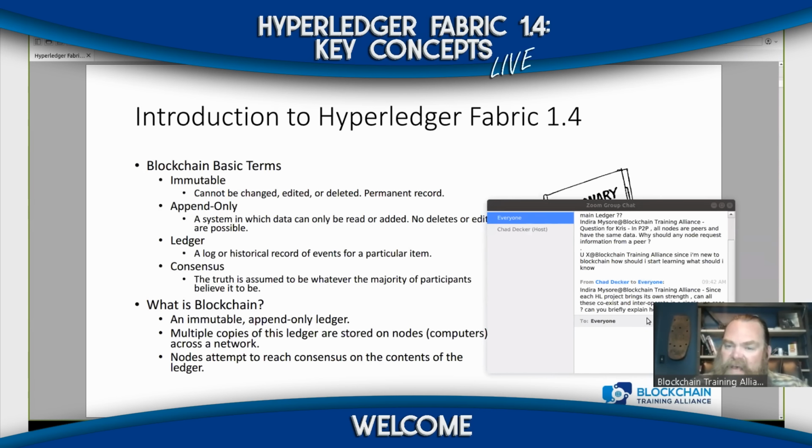All right, and then last but not least, let's see: since each Hyperledger project brings its own strengths, can all these coexist and interoperate in a single use case? I imagine the Hyperledger projects you're talking about are the official ones at hyperledger.org/projects. It's a really, really good question. If you take a look at some of those projects, you'll see many of them are designed to interoperate. Some of them are competing offerings. So for example, two of the projects that you'll see listed there are Hyperledger Fabric and Hyperledger Sawtooth.